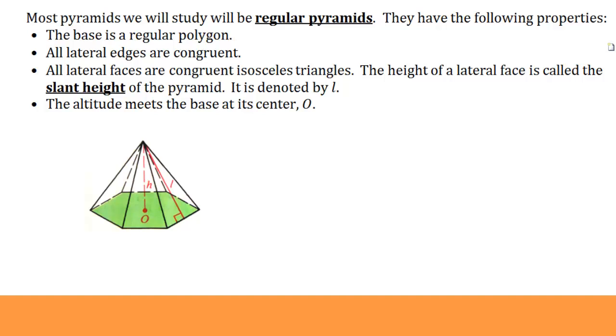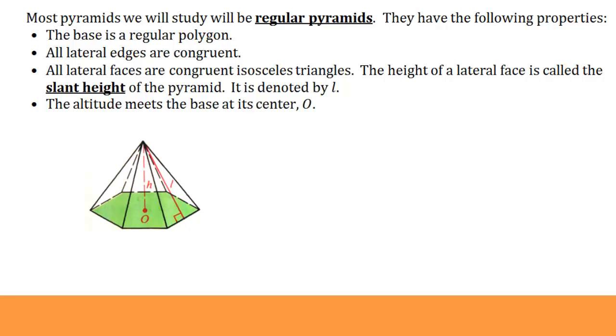And the height of a lateral face is called the slant height of the pyramid. We call the slant height L, and you see that in the picture there. It is one side of the pyramid. It's the altitude of that lateral face.